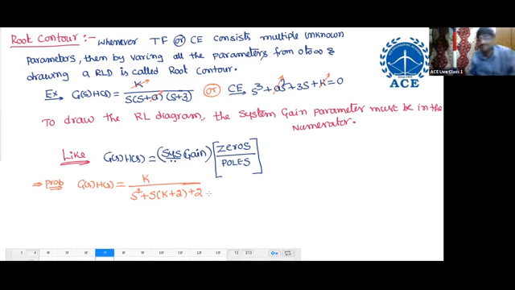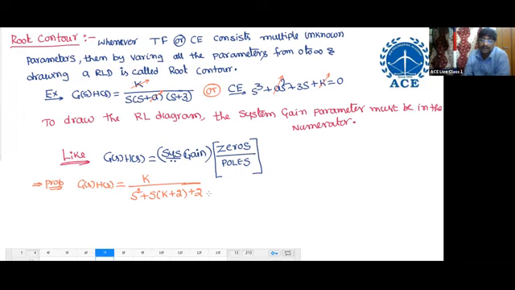They'll ask the angle of asymptotes, the centroid, like the root locus diagram. What are the angle of asymptotes?